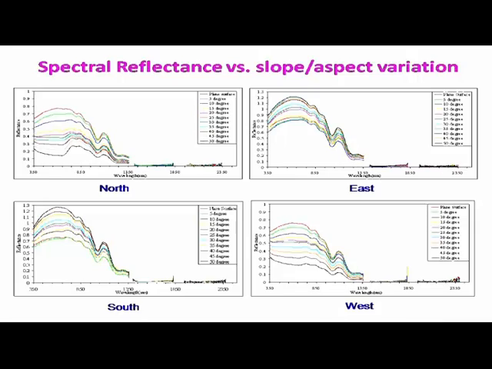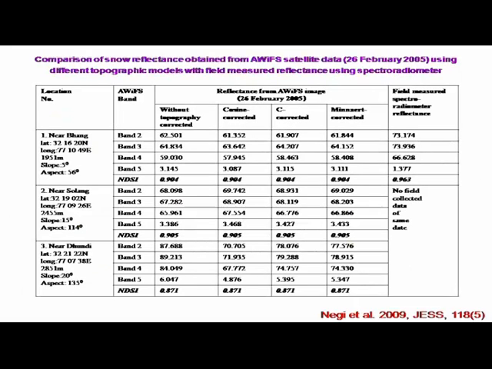What we found is that there is an index called the normalized difference snow index, and I'll be talking later on about this normalized difference snow index. This NDSI basically takes care of these topography effects. Even if there is a slope, the NDSI will remain the same.